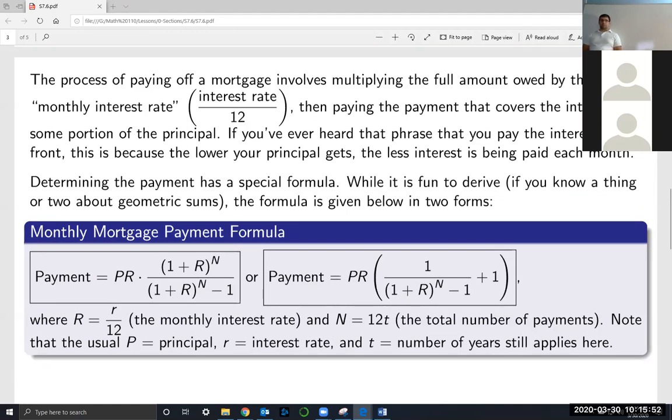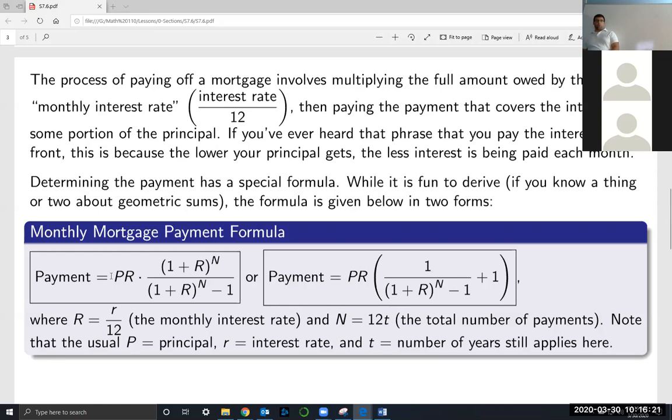If you've ever heard the phrase that you pay the interest up front, this is because the lower your principal gets, the less interest is being paid each month. Determining the payment amount has a special formula. While it is fun to derive for nerdy math people, the formula is given in the two forms below.